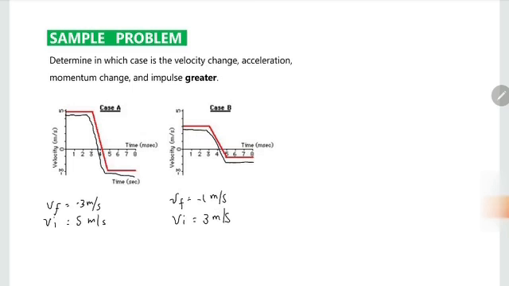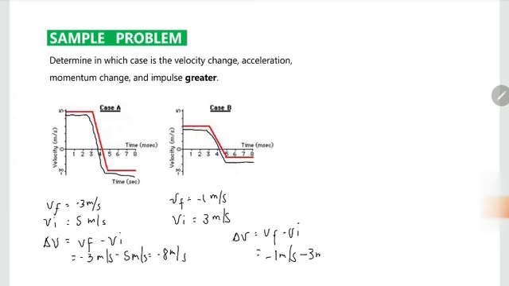So, let's solve for the change in V. Change in V is VF minus VI. VF is negative 3, minus 5, is negative 8 meters per second. Here, negative 4 meters per second.